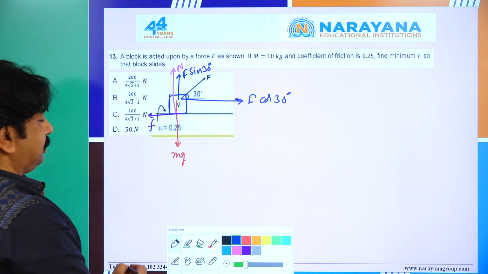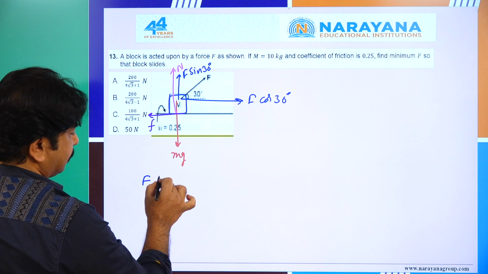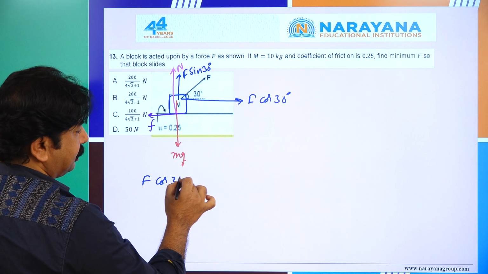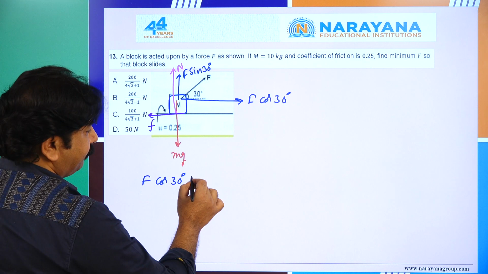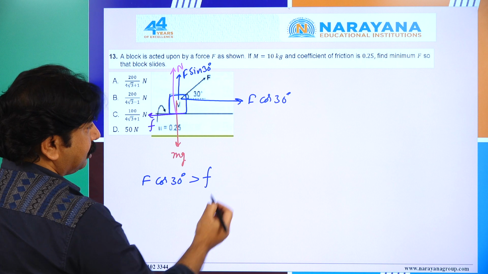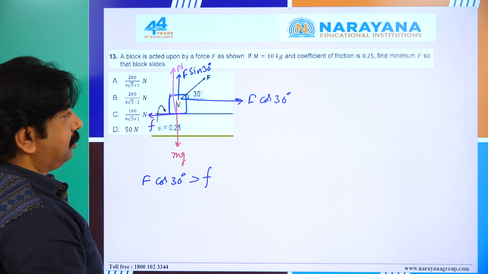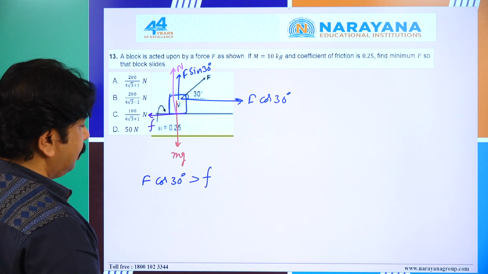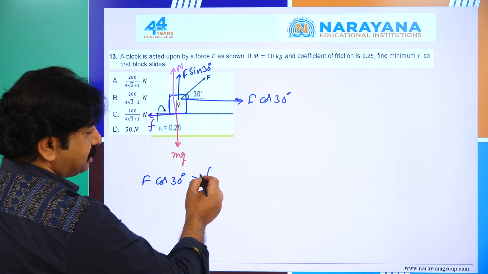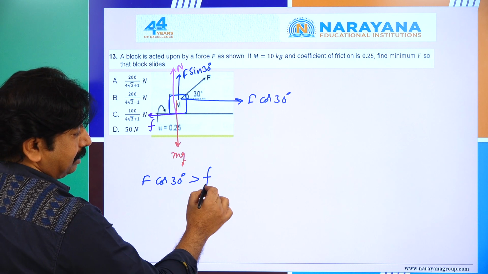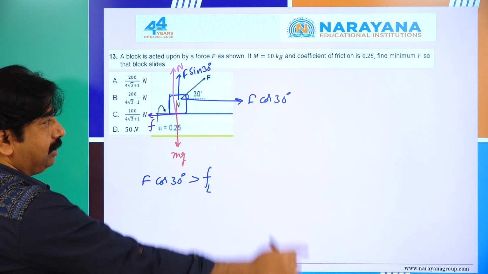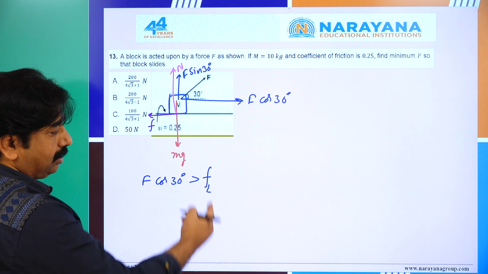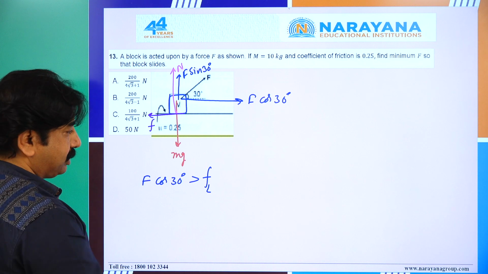If F cos 30, that is the horizontal tending force acting on the block, is greater than friction, then only the block will go into motion. So, what is the F value? That means it must be greater than the limiting friction. Actually here this is the static friction, and this should be greater than the limiting friction.